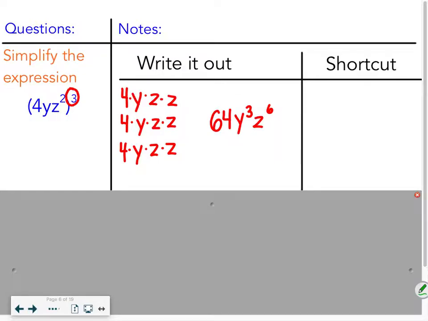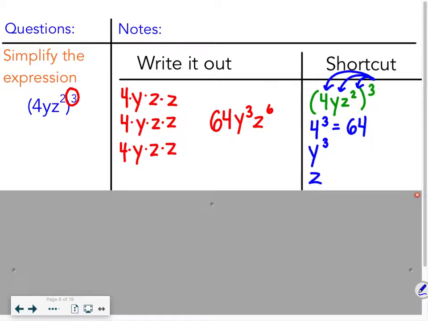If I do the shortcut, what I am doing is I am distributing that 3 to everything that is inside of here. So what I'm going to do is I'm going to have 4 to the 3rd power, which I said is 64. Then I'm going to have y to the 3rd power, and then I'm going to have z to the 2 plus 3.